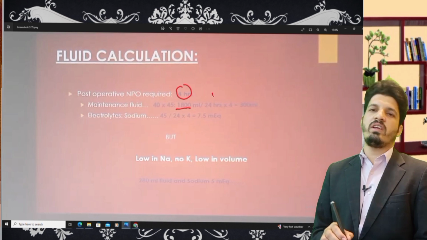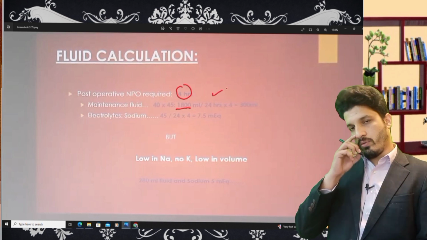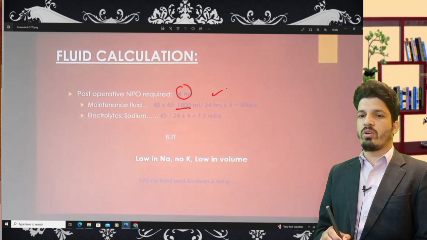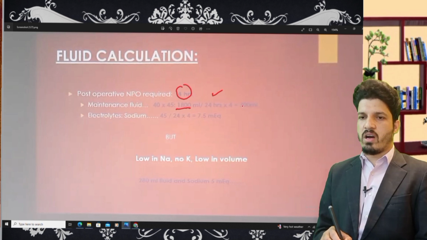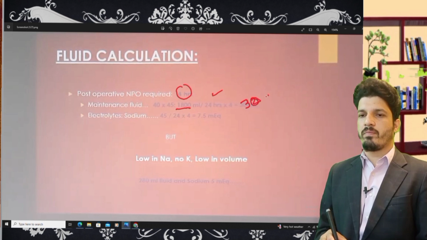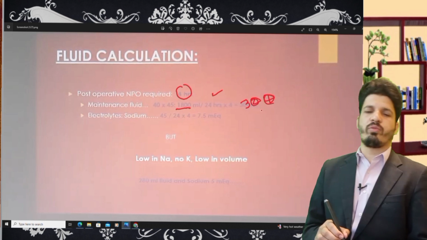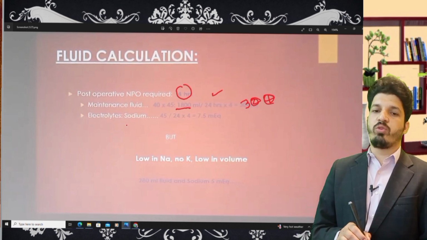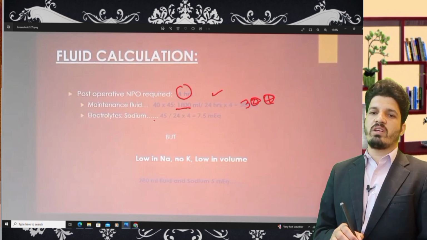As we require the fluid for 4 hours, we will multiply that value by 4, and it will come to almost 300 ml. So the post-operative fluid will be 300 ml in this patient in 4 hours.